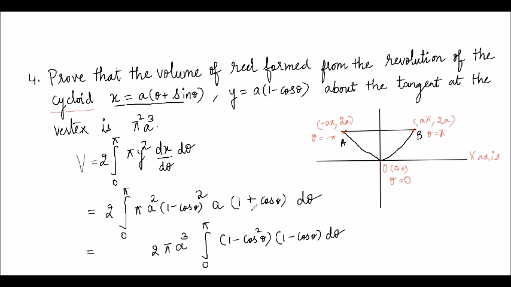Now we can reduce this integral in powers of sine theta and cos theta, and by using the property which we have discussed for this integral in beta and gamma function, we can easily evaluate this integral further. So let us simplify this integral further.